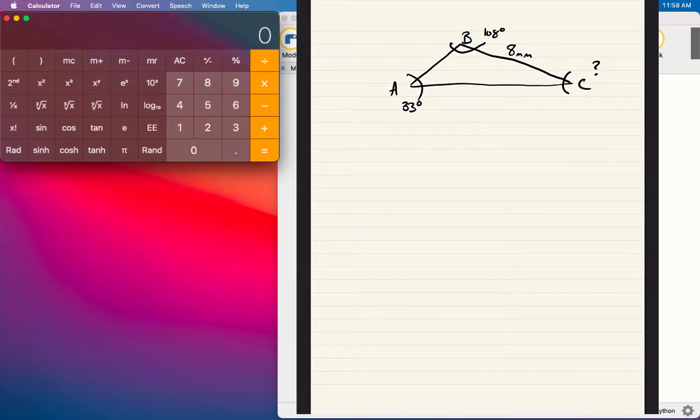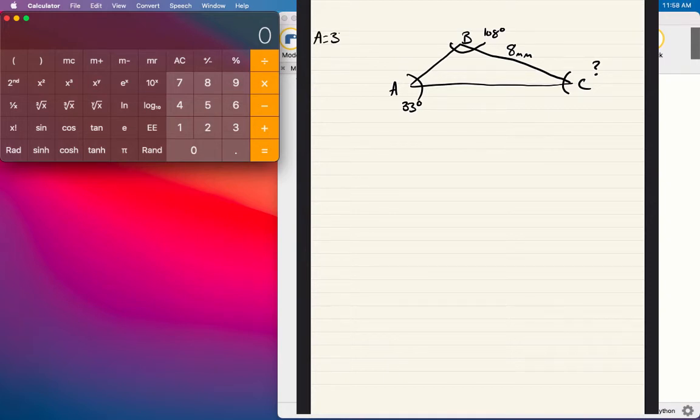And this would be perfect for sine, because we have two angles, A and B, and we have the length of a side that's opposite of an angle that we do know. So perfect sine problem. I like to write down what we know. That's just always how I've tackled math.